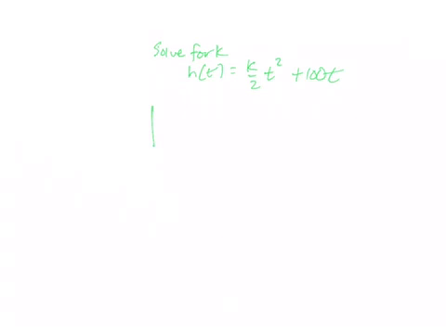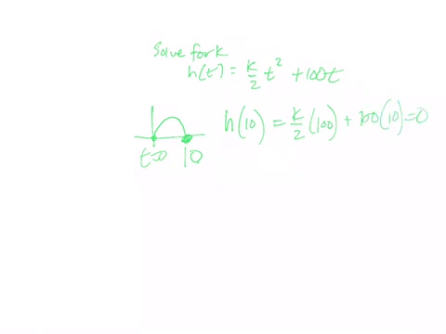Again, we know that position function is a parabola, and the function starts at t equals 0, and at 10 it's back at 0. So our height function at 10 has to equal 0, because we're back at the ground. If you solve that, and I'll leave the arithmetic to you, k would have to be -20.